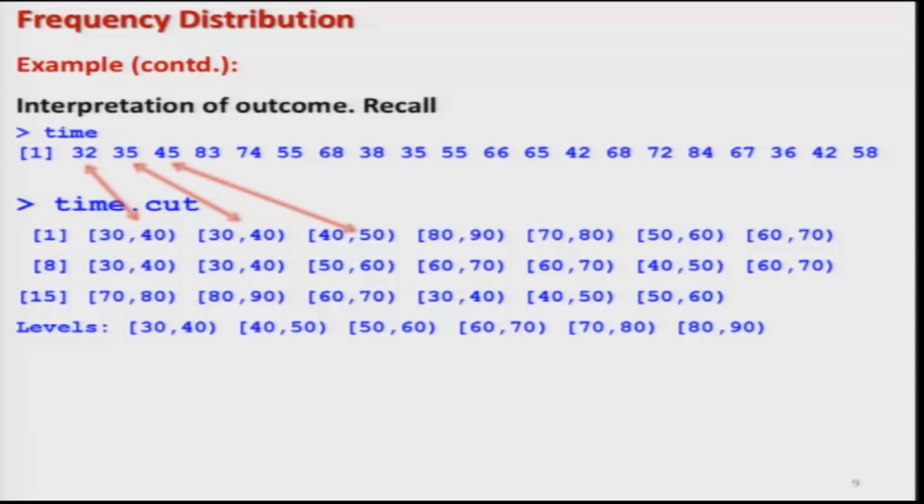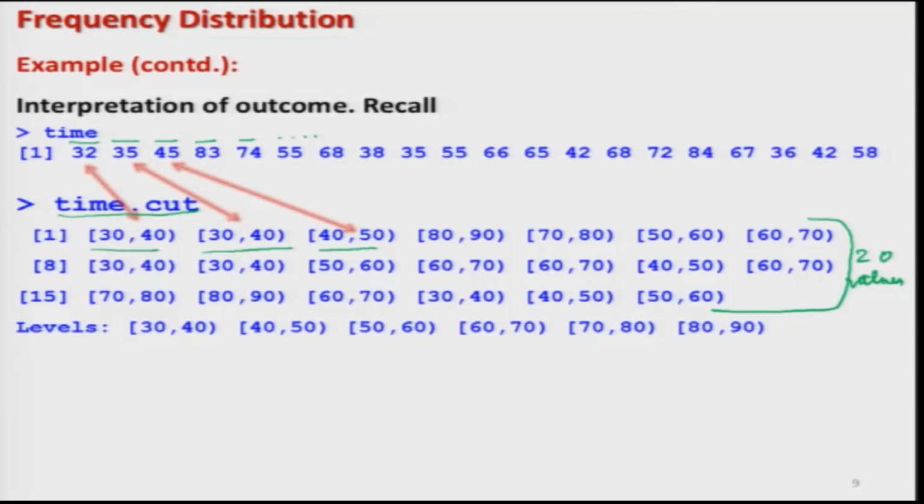You may recall that the data in your time vector was 32, 35, 45, 83, 74 and so on. And here is the outcome of this variable time dot cut; I have simply copied and pasted these two data vectors over here. This is 30 to 40, 30 to 40, 40 to 50 and so on, and you can see there are only 20 values here.